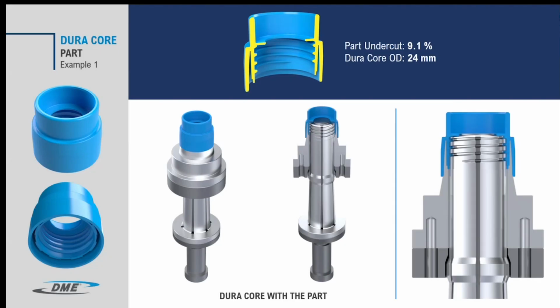Thanks, Jeremy. Again, I am going to explain about the real-life example. In the previous slide, we talked about the cosmetic bottle and how we can incorporate the two-stage S-core. Now I am going to talk about the cosmetic enclosure. Here also the surface finish is very important. Now coming into the technical point, the undercut percentage is 9.1%.